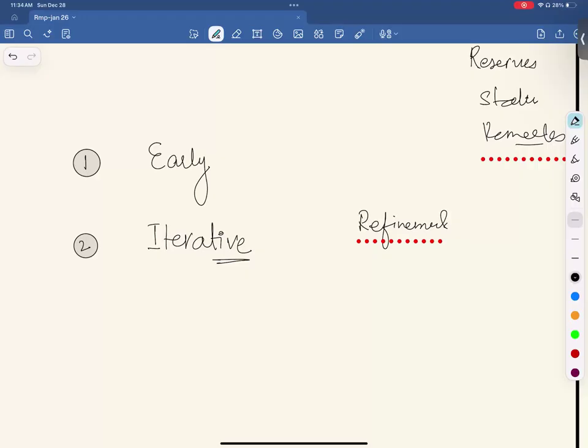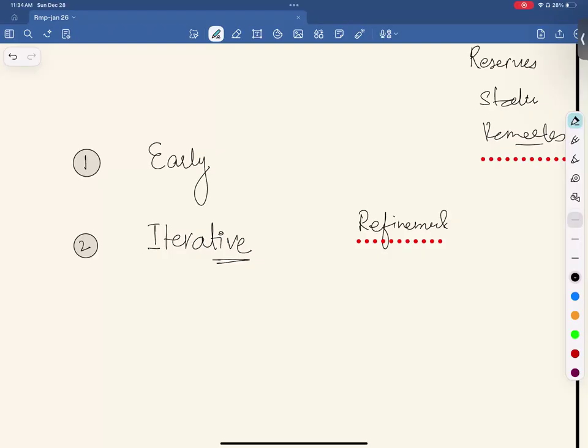So I think we may also do that regarding the iterative nature of risk identification. Yeah, that's right. One, you are refining, and second, you are adding more risks, right? Both things are there. Okay, sir. Perfect.